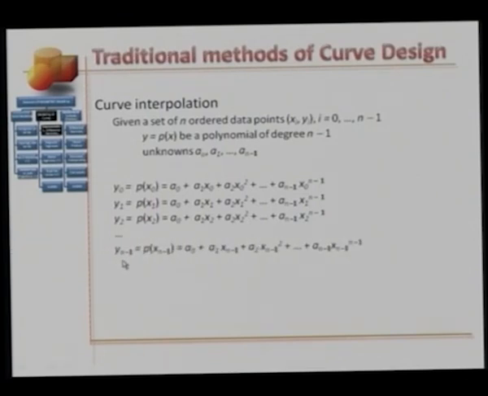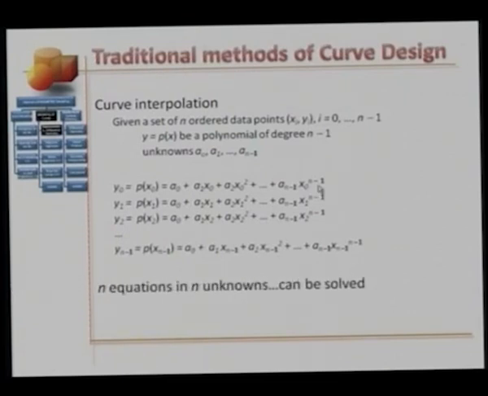The last equation will be y sub n minus 1 equals the value of the polynomial for x equals x sub n minus 1, which is a sub 0 plus a1 x sub n minus 1 plus a2 x sub n minus 1 the whole square up till a sub n minus 1 x sub n minus 1 raised to n minus 1.